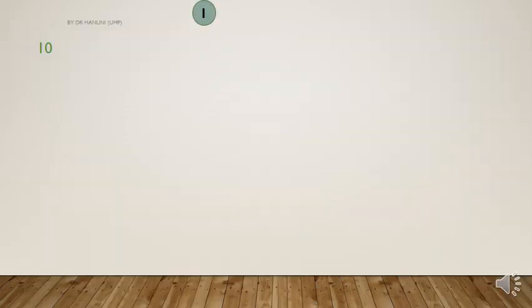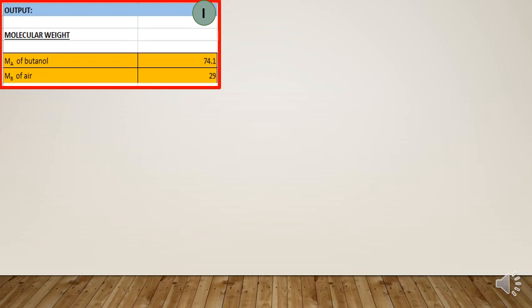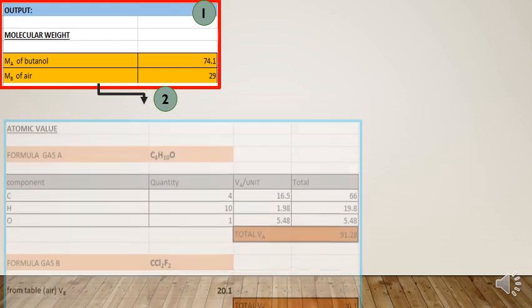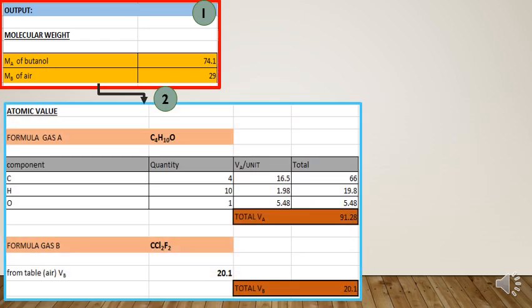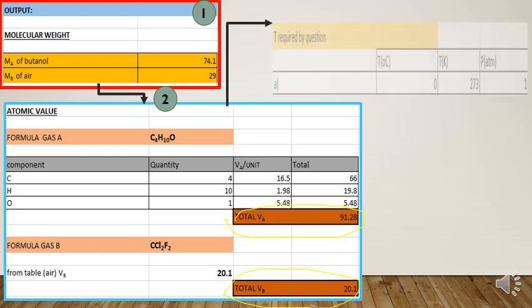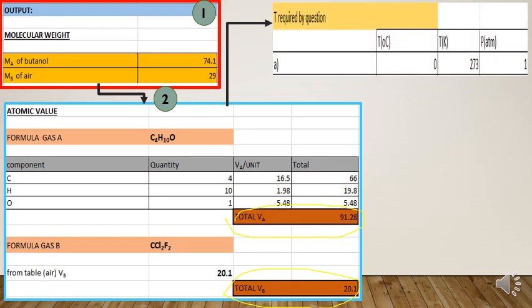From the previous slides, we already know how to calculate the molecular weight of A and the molecular weight of B based on the table, and we also already calculated the values of VA and VB from the previous step. This is the VA and this is the VB value. The next step is to substitute into the equation. We have three different conditions.